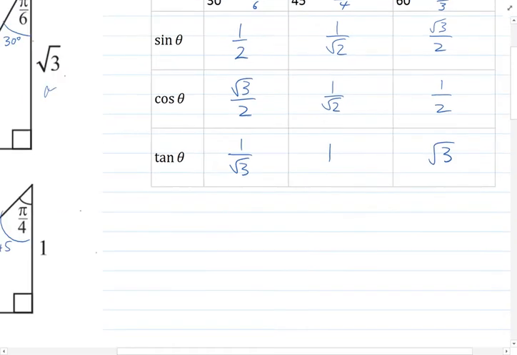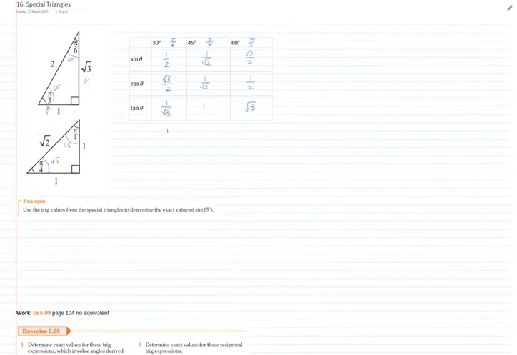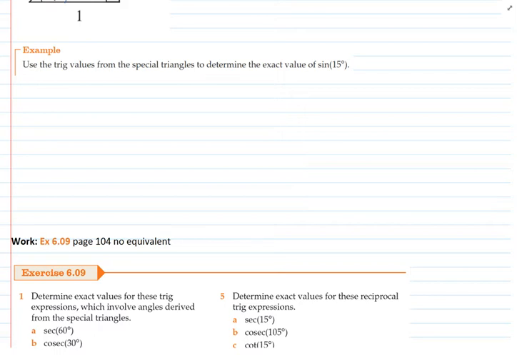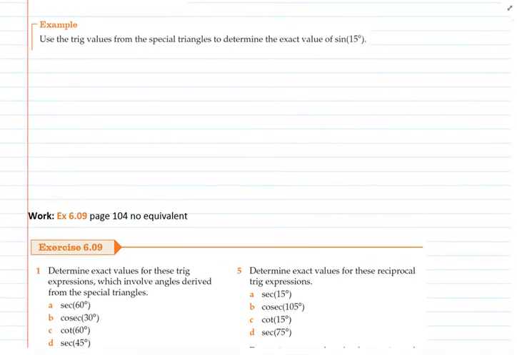Okay, so applying these exact values, this one here says use the trig values from the special triangles to determine the exact value of sine 15. So if we think about how we can get to 15 using those angles, 15 is equal to 45 minus 30.